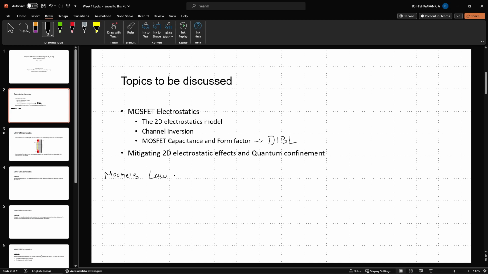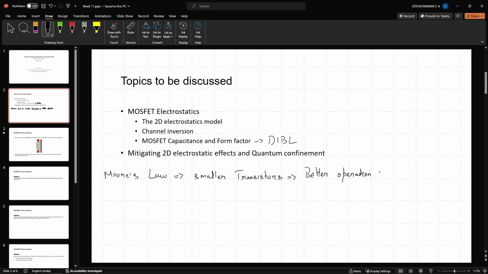This implies that we shall have smaller and smaller transistors, and more transistors implies the effective computational power we have per unit area of our processors, microchips, or whatever we are considering increases by that much. But what we shall see is that smaller transistors also imply, if designed properly, better operation and control.